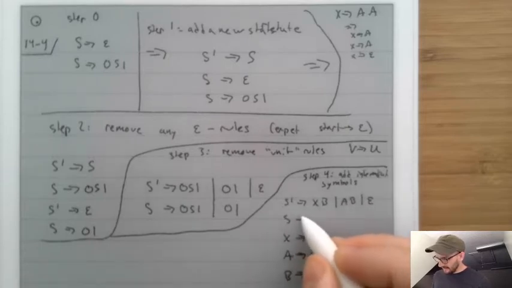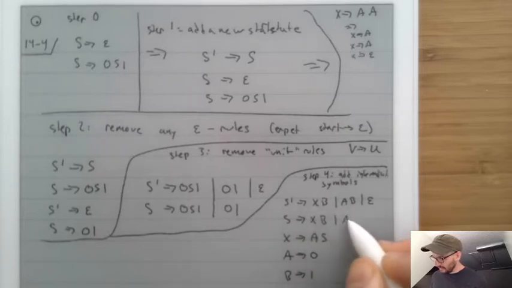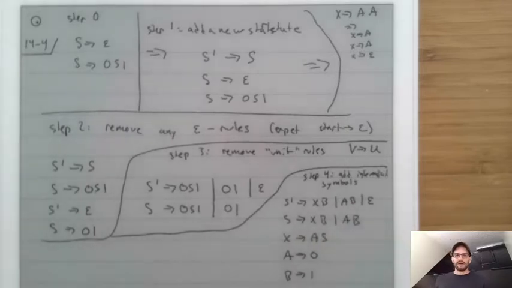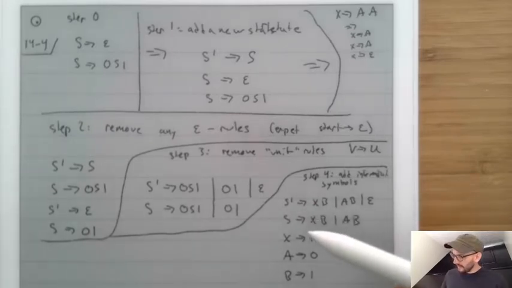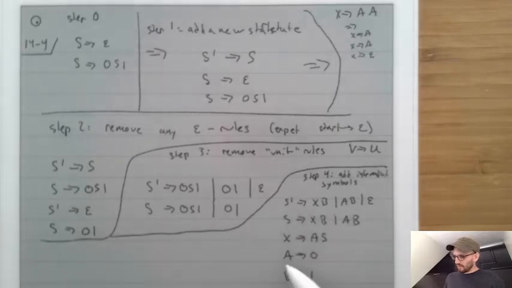And then S can go to X B or A B. Now notice that what we've done is we've converted the grammar into Chomsky normal form. Every rule is either the start symbol going to epsilon, or a variable going to two other variables, or a variable going to a terminal.